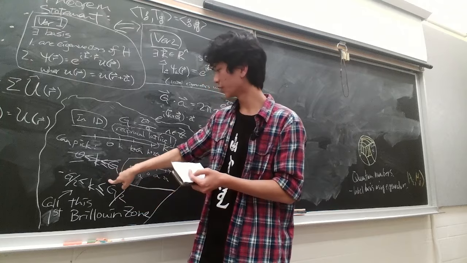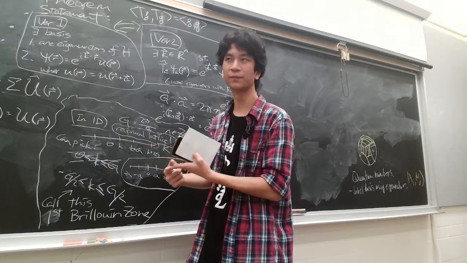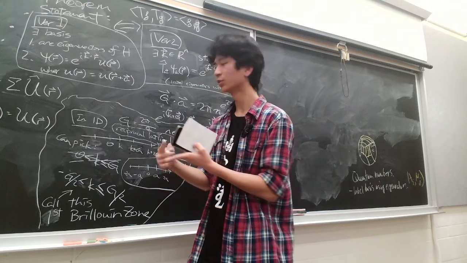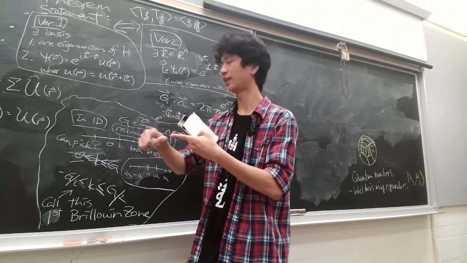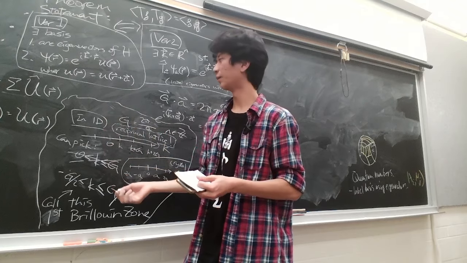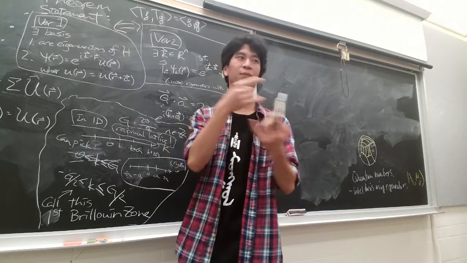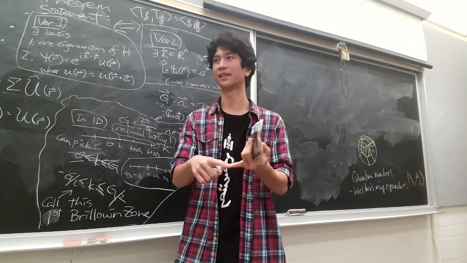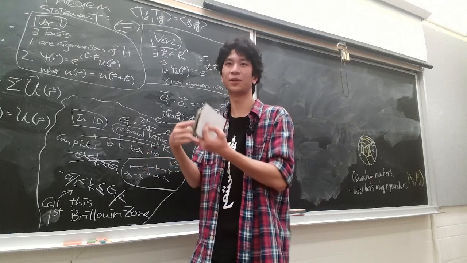And here we already said that these k's are equivalent, which means momenta are also equivalent if you just keep on adding. Which means energy is dependent on momentum, and momentum is kind of periodic, which means energy is also somehow periodic.